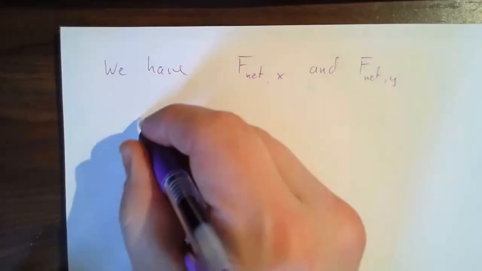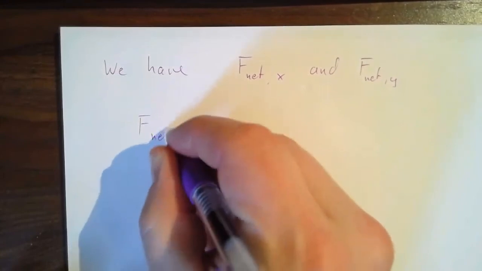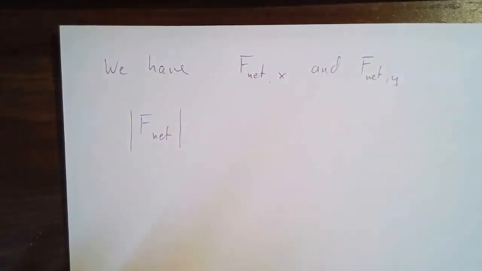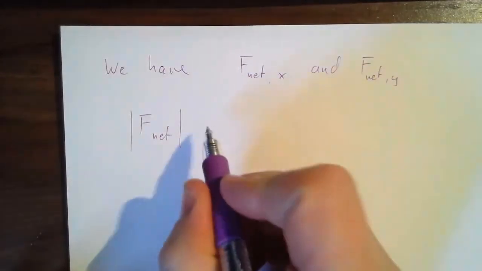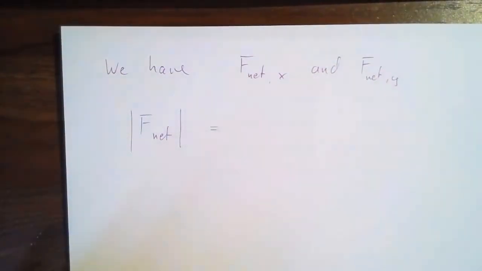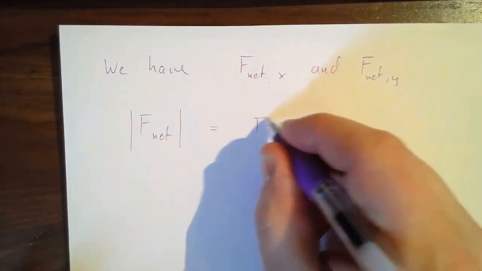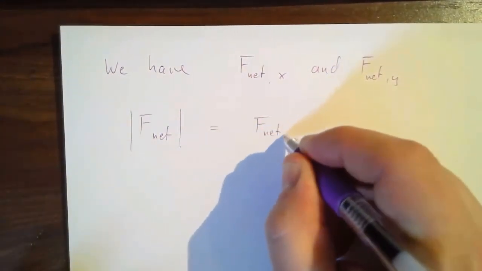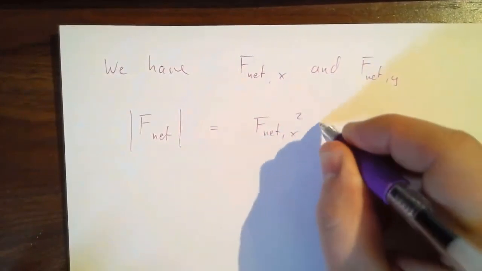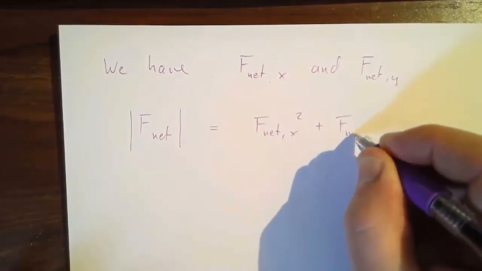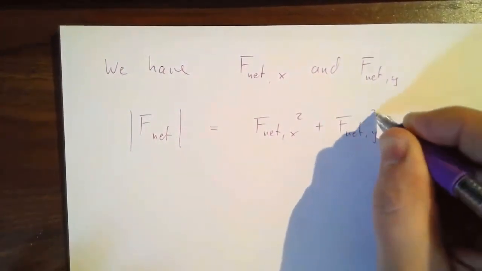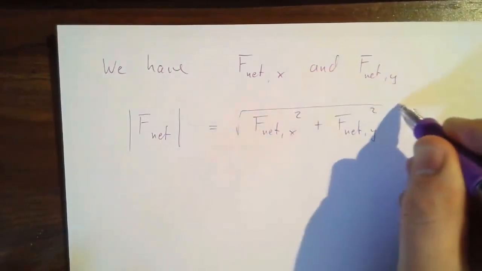Well, the magnitude of the net force is going to be F net in the x direction squared plus F net in the y direction squared. Take the square root.